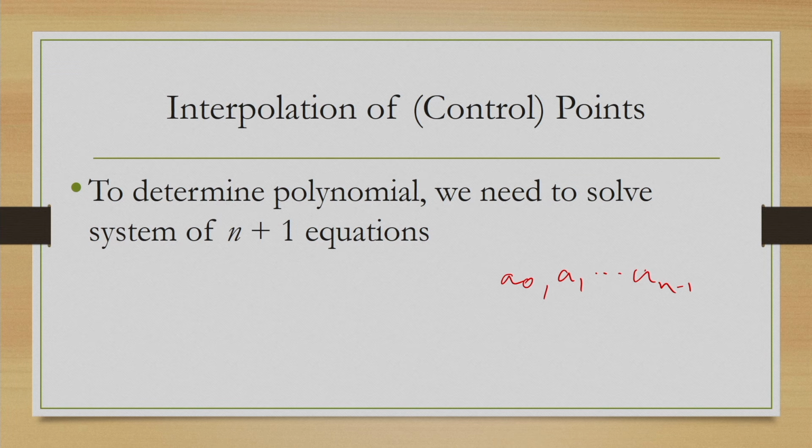So, to get the values of these coefficients, what we need to do? We need to solve the set of equations, the n plus 1 equations that we have seen earlier. If we solve this, then we will get these values of the coefficients which defines the polynomial.